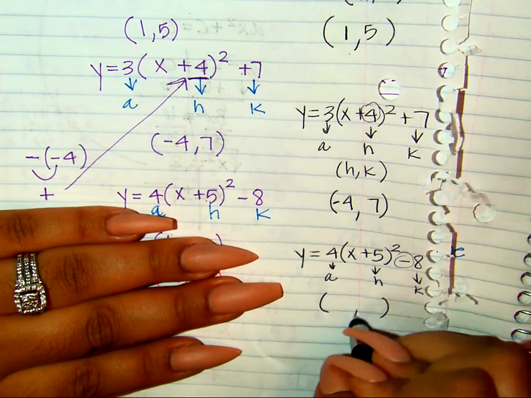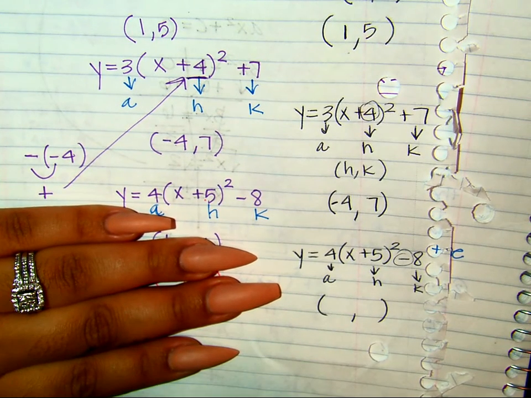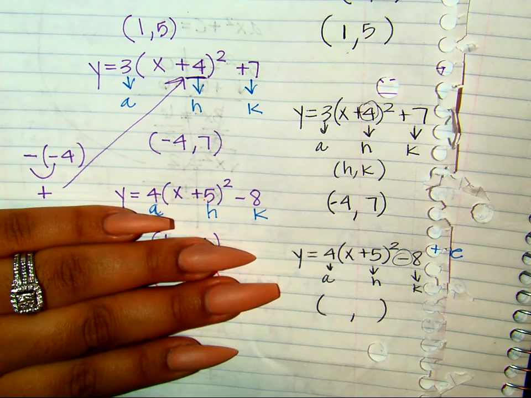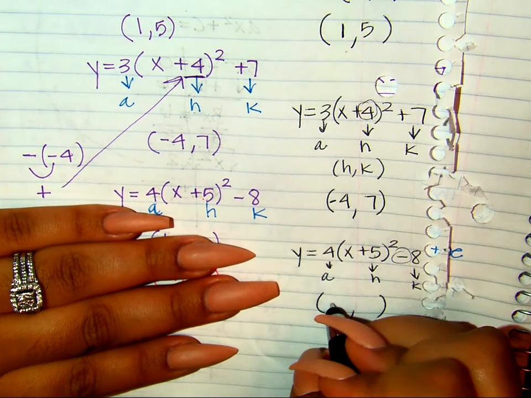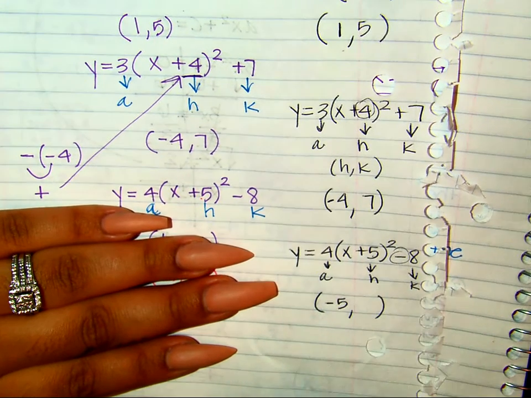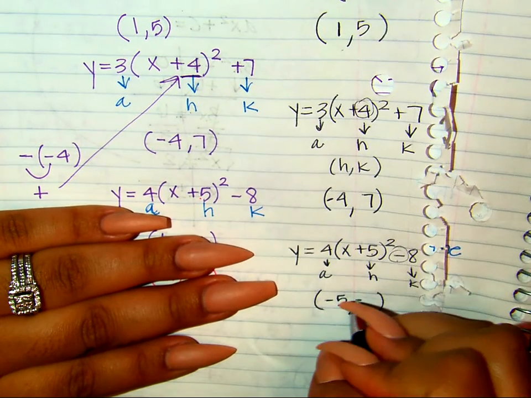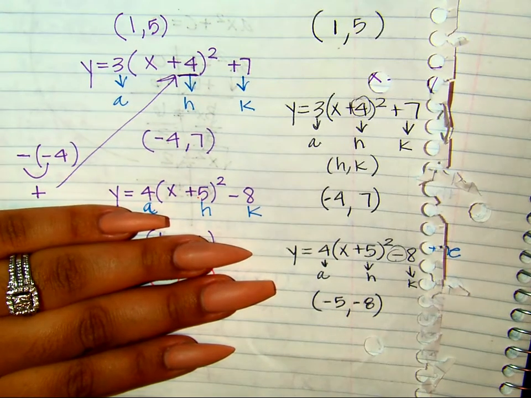The opposite only applies when we are writing the h. So this was a 5, so it's going to be a -5. And then this one would remain a -8.